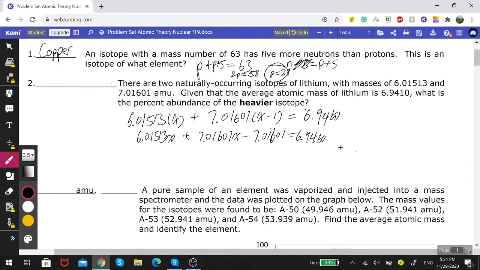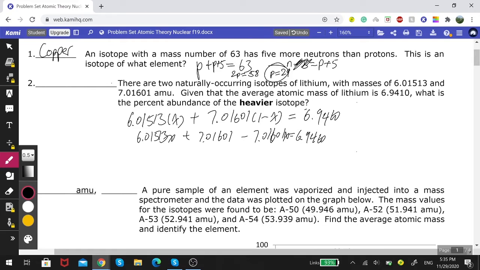Oh shoot, it's not x minus 1 here, it's 1 minus x. So I'm going to change this and add x over here real quick.